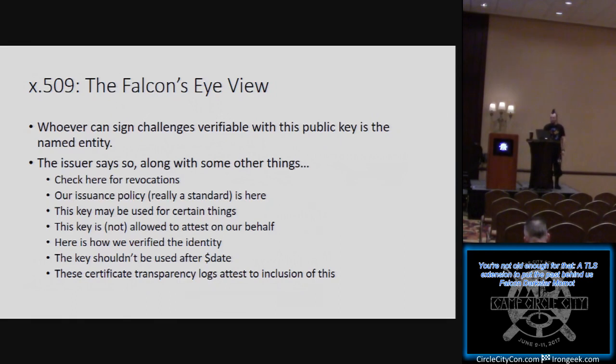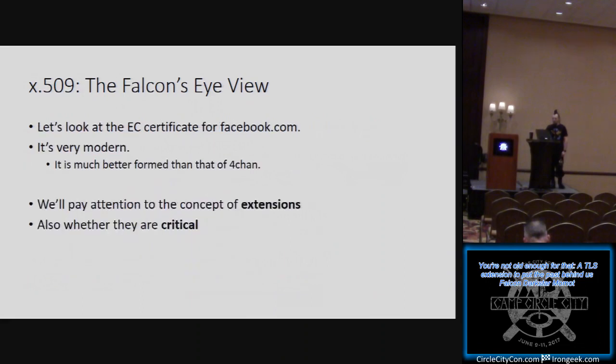Unsurprisingly, this field is almost always no. It also encodes information about how the CA verified that identity, and it further encodes an expiry date in order to force you to continue paying them. Actually, to force you to rotate your keys, but that's not how it ended up working. And it also includes information like if you want the certificate transparency logs to be sure that we were on the up and up when we were issuing this one, look here. I'll show one in a moment. In fact, I'll show one now.